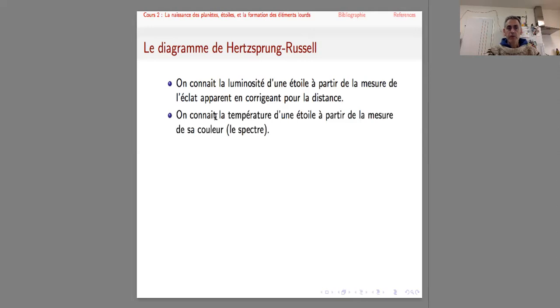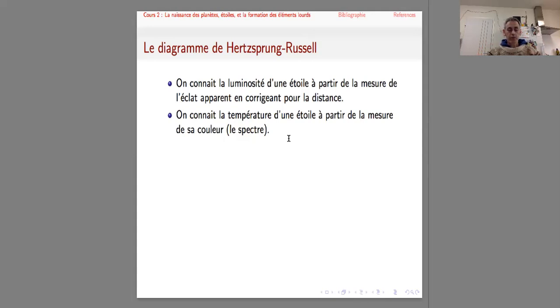We can also measure the surface temperature of the star. This is something that Sabine explained in the C'est pas sorcier video, using the spectrum of the star. So they look at basically the intensity at different wavelengths. Wavelengths appear as different colors in the spectrum.